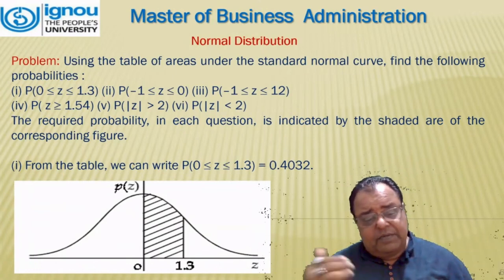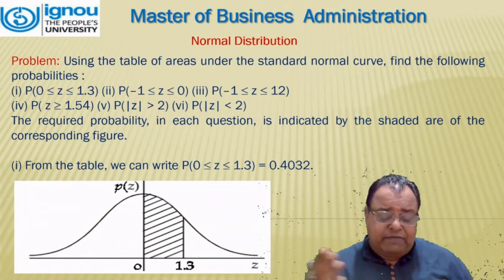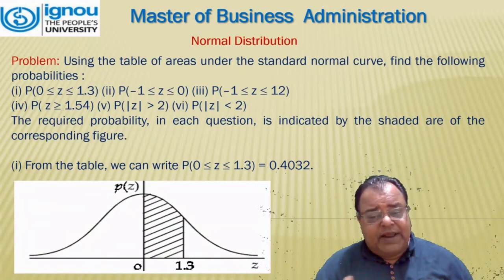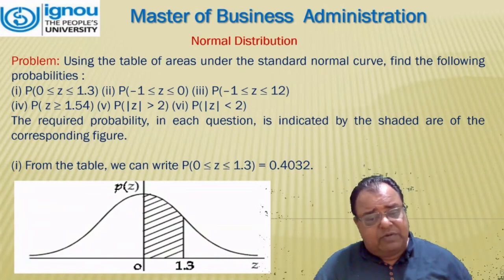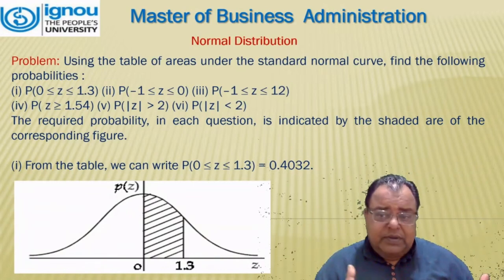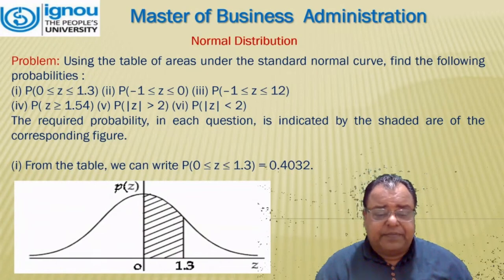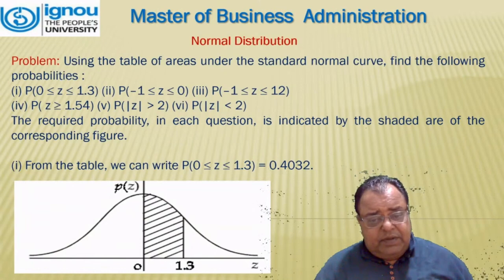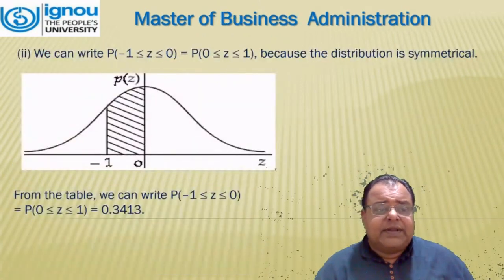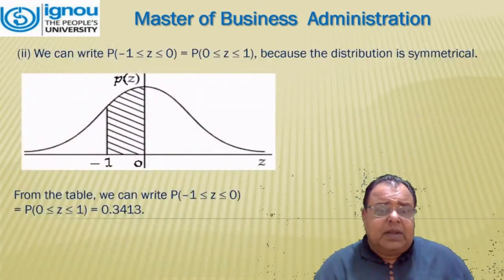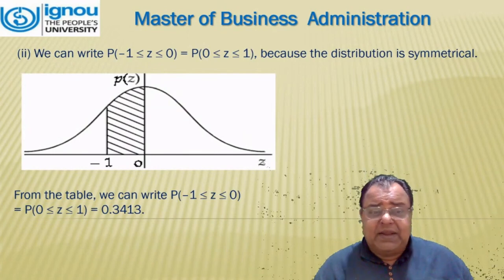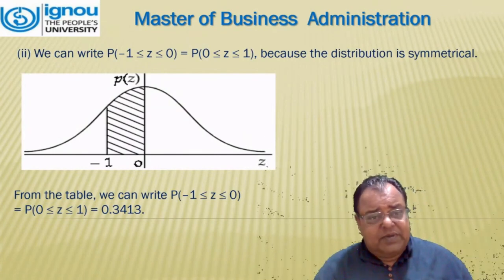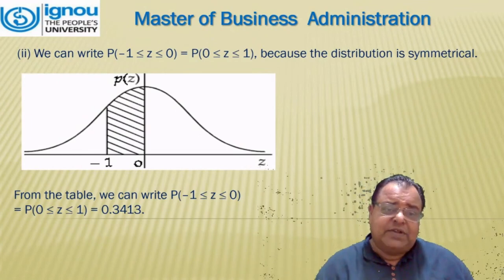For the value 1.3, we refer to the standard normal curve table. We get 0.403. Second one is probability -1 ≤ Z ≤ 0. Since this is symmetrical, we change the sign.